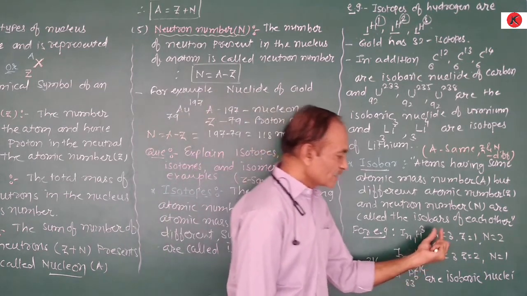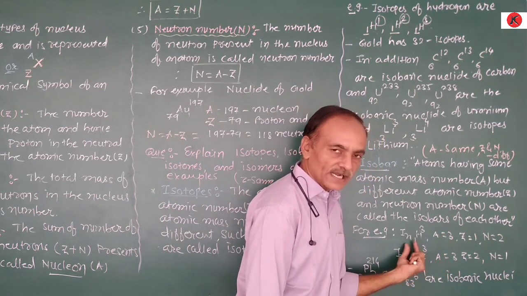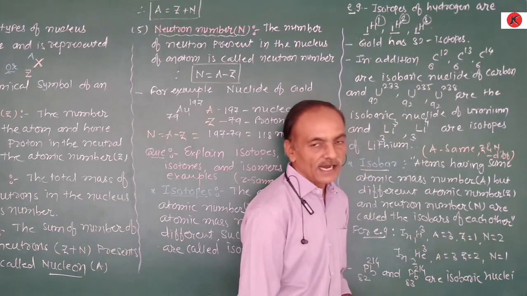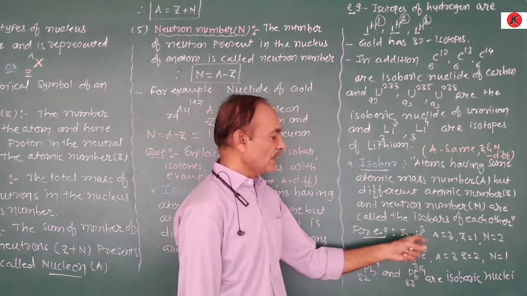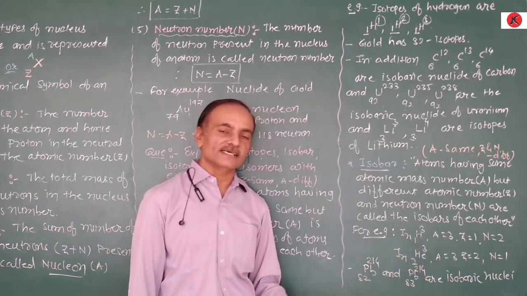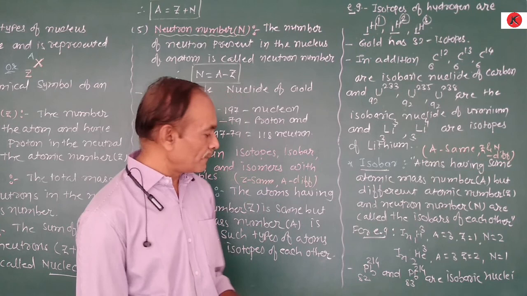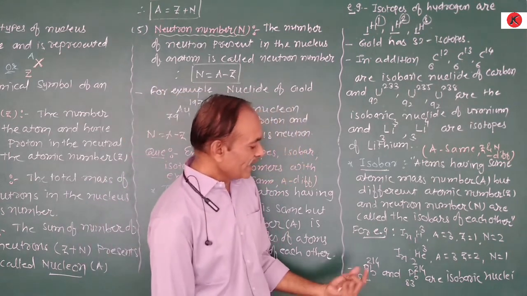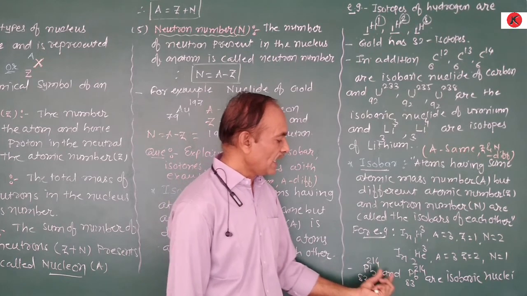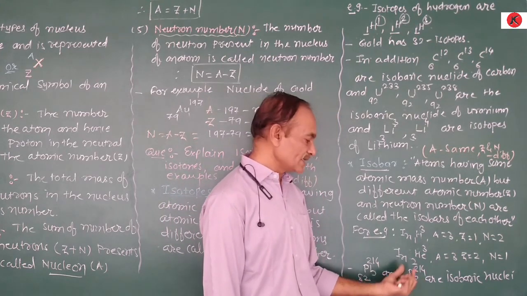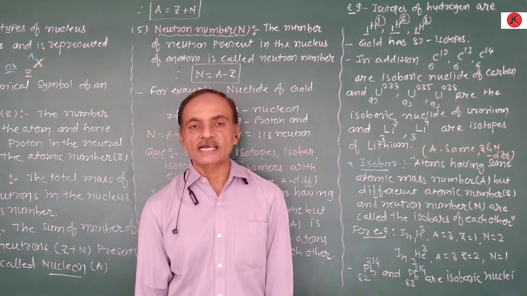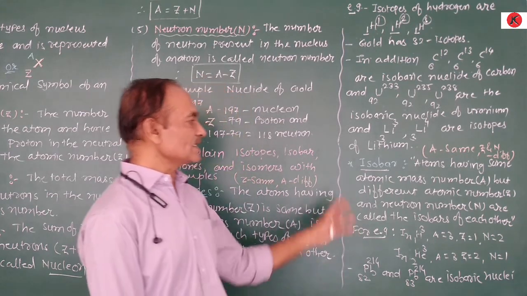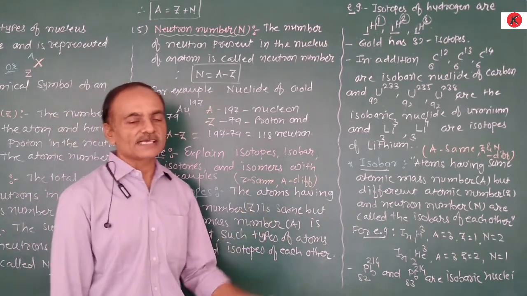So here the atomic mass numbers of 1H3 and 2He3 are the same, but Z and N are different. Therefore, 1H3 and 2He3 are isobars of each other. Another example, lead 82Pb214 and bismuth 83Bi214 are also isobar nuclei. Clear? So this is the definition of isotopes and isobars.